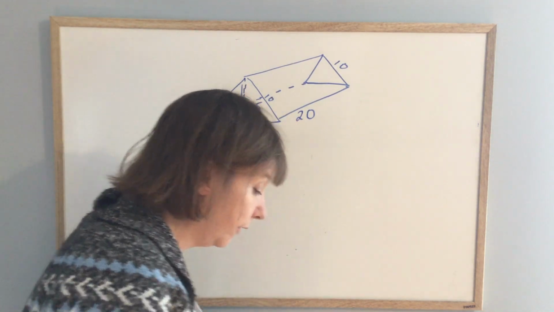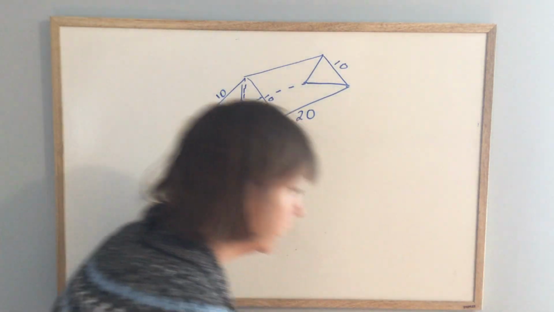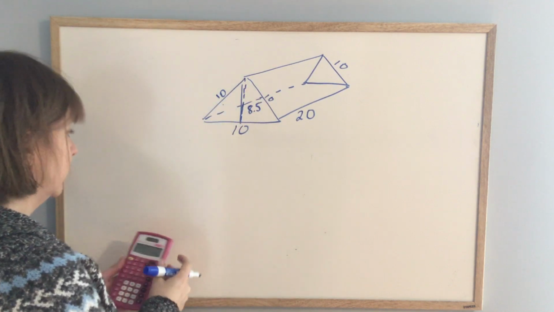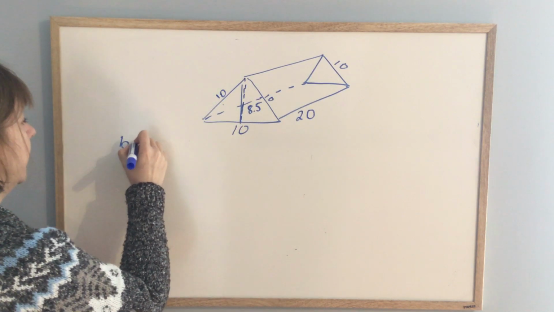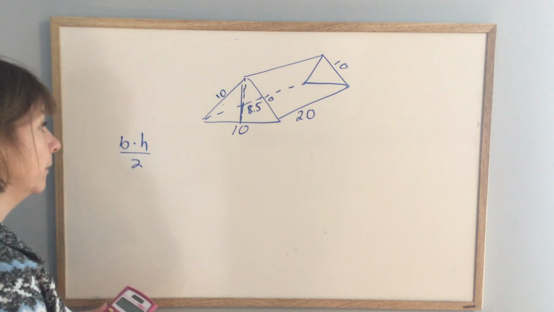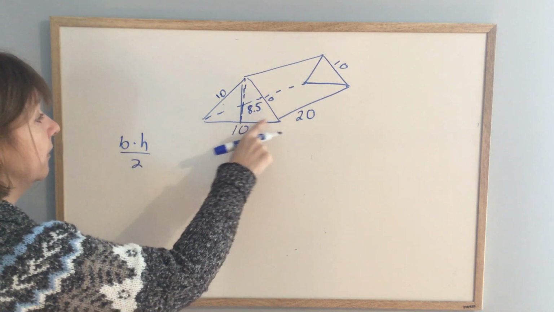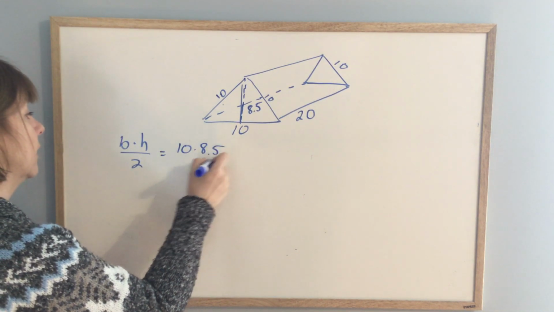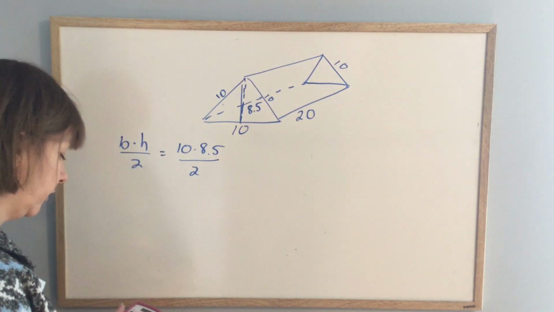So if I'm going to figure out the surface area, again, first I'm going to figure out the area of the front triangle, which would be base times height divided by 2. So the base is 10, the height is 8.5, and we're going to divide it by 2.